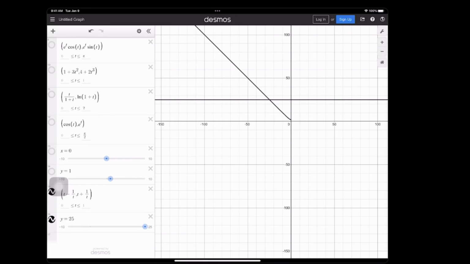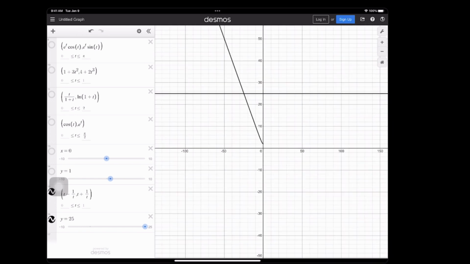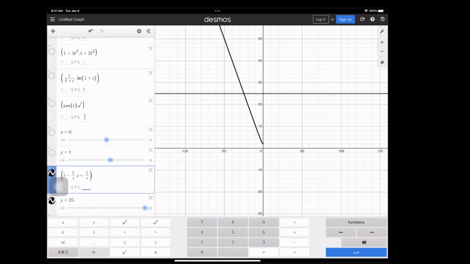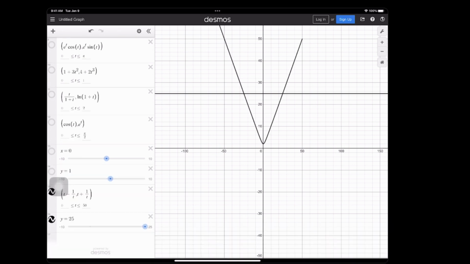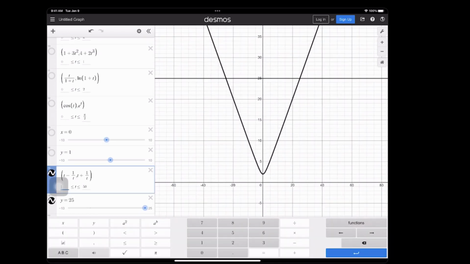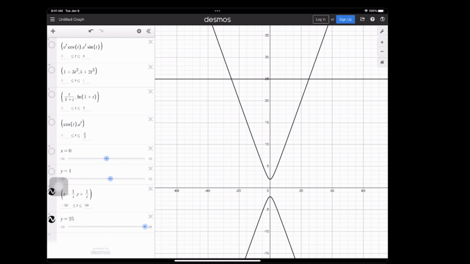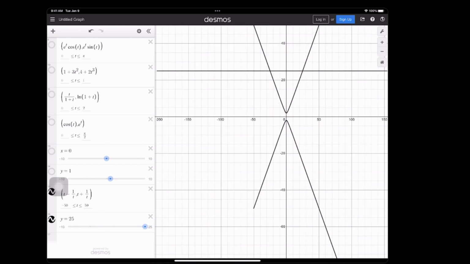Okay. T goes from 1 to 50. Okay, now I see what they did. You guys see what they did? They didn't have any restriction on that t. You see what I mean? That t is not restricted. It's weird.